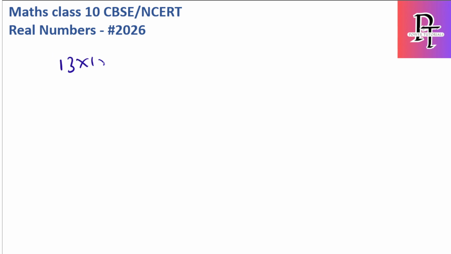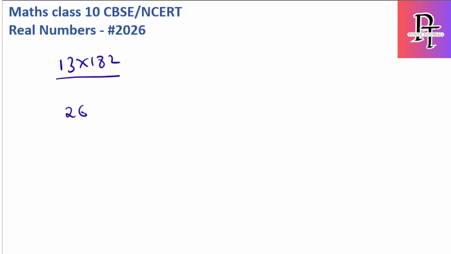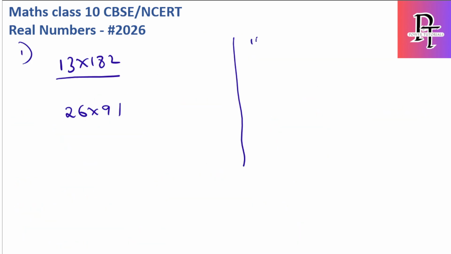13 into 182 I need to confirm with 26 and 91. I need to prove this. This is another question, this is 1. I'm solving both at the same time, and it is 3. But you solve it only once at a time.